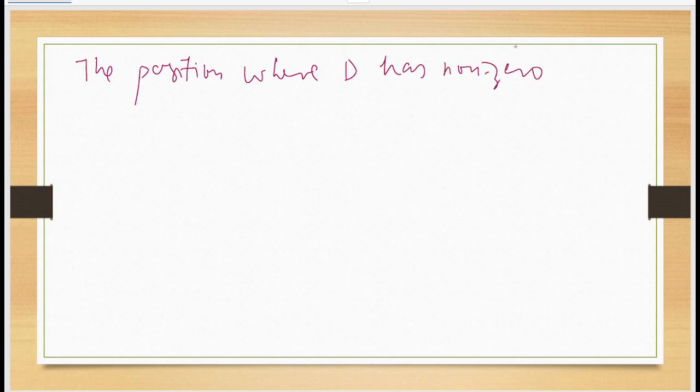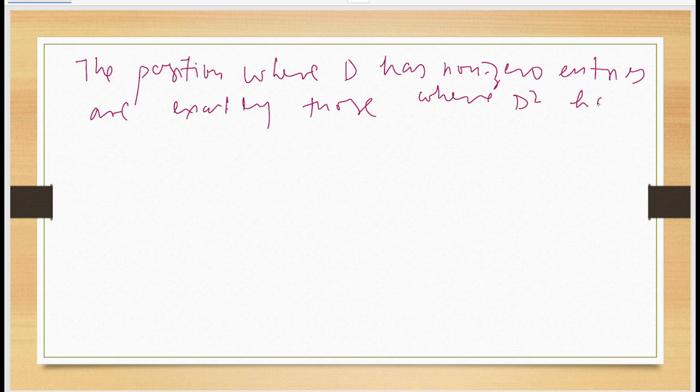So here we can conclude that if we check the positions where D has non-zero entries, they are exactly those where D square has entry 1, right?